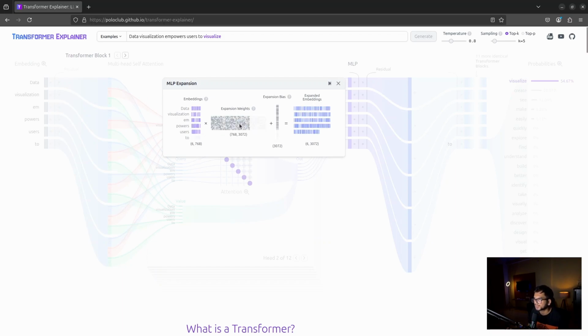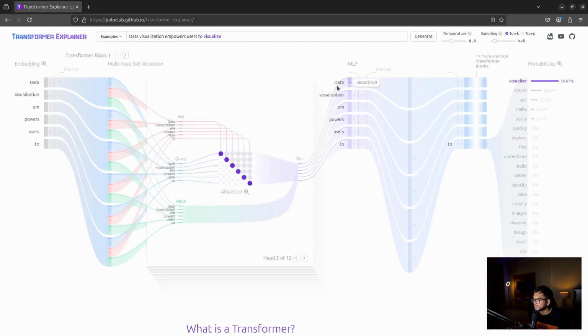If you click here, you will see a visualization of how this is done. There is a weight matrix, 768 by 3072, which gets a cross product with the embedding output we got from the attention layers. After that there is a bias of 3072, and then we get this embedding, 6 into 3072. This is the dimensionality increase part.